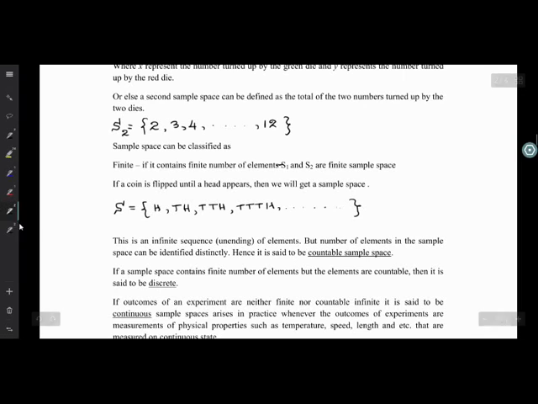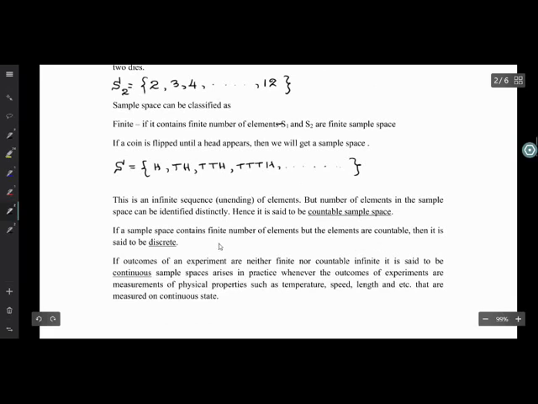This is an infinite sequence, which means it is unending. We flip the coin until a head appears and we do not know in which flip the head will appear. But the number of elements in the sample space can be identified distinctly, hence we call it a countable sample space.